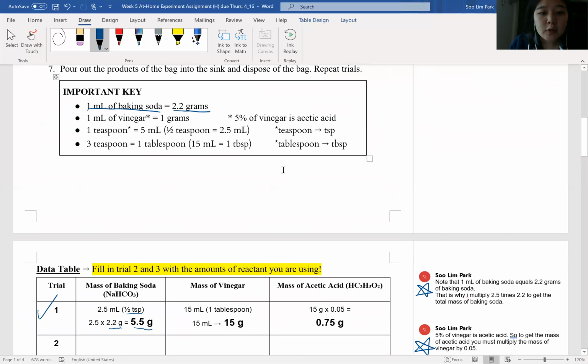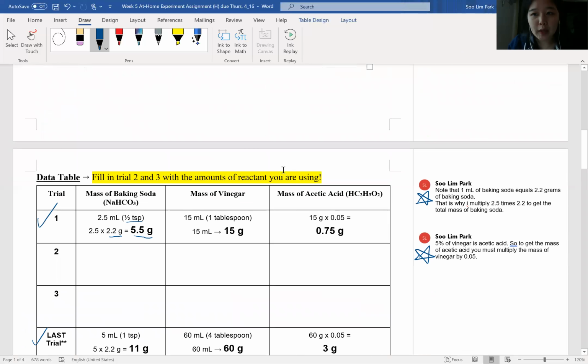So make sure for trial two, whatever amount you picked for the milliliters, let's say you picked 3 milliliters, you would just multiply 3 times 2.2 to get your number of grams of baking soda.